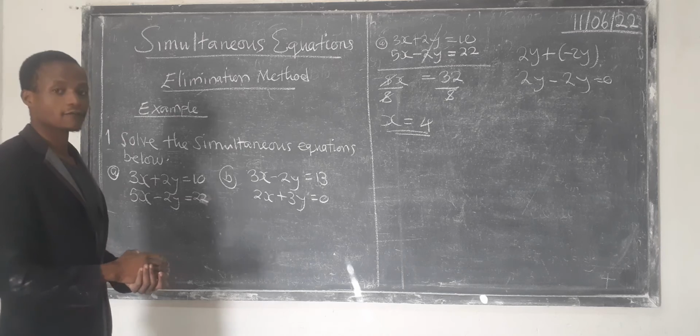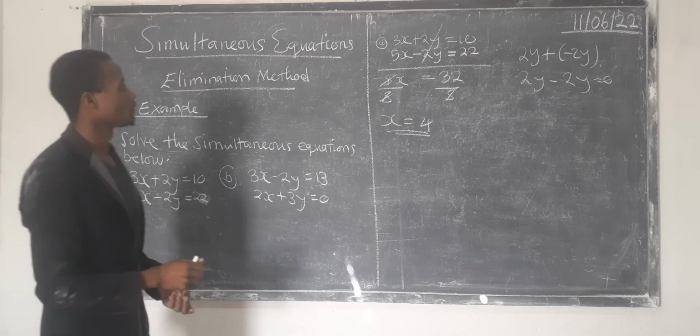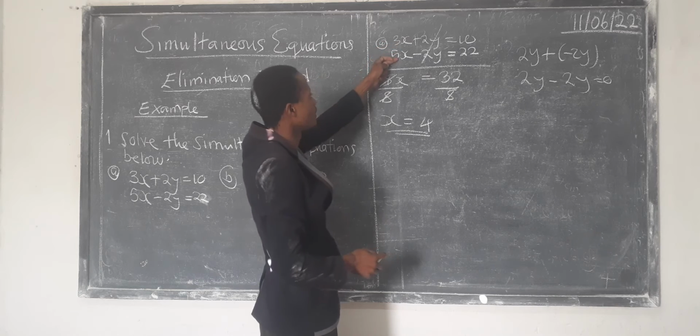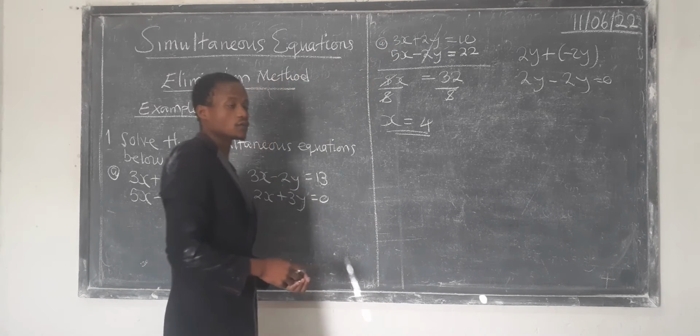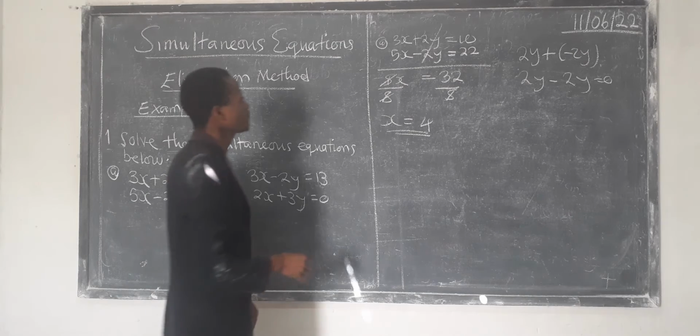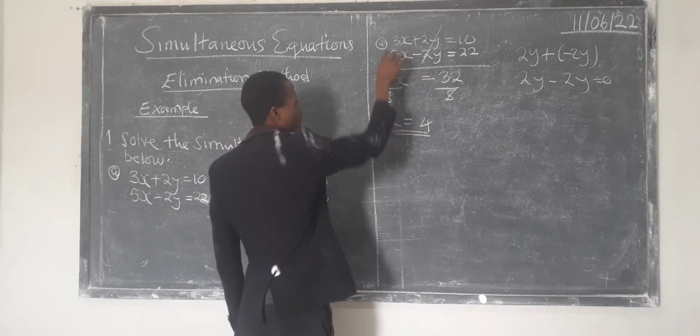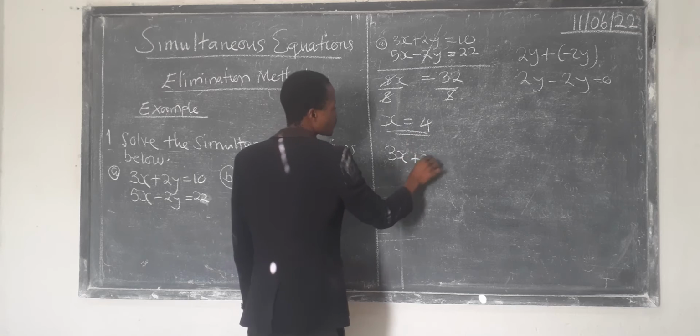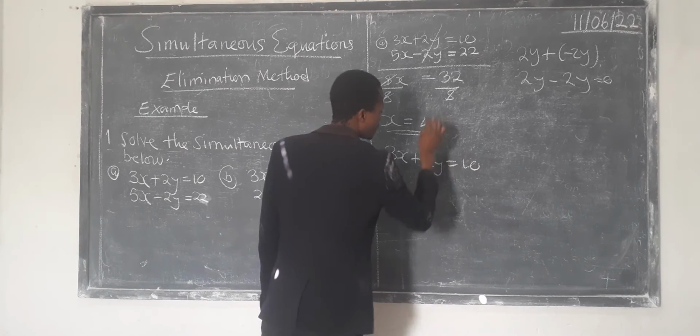Then we have to find the value of y, for which we can use either the first equation or the second equation. You just choose any. For example, if we choose the one on top, 3x plus 2y is equal to 10.